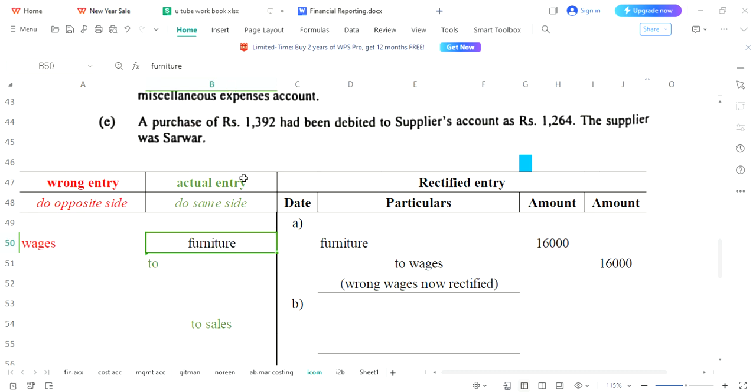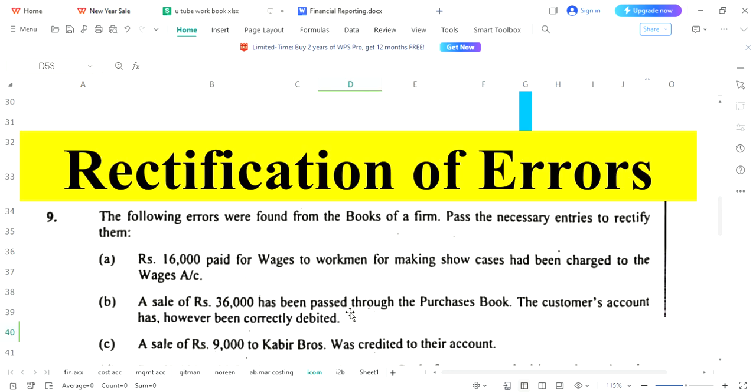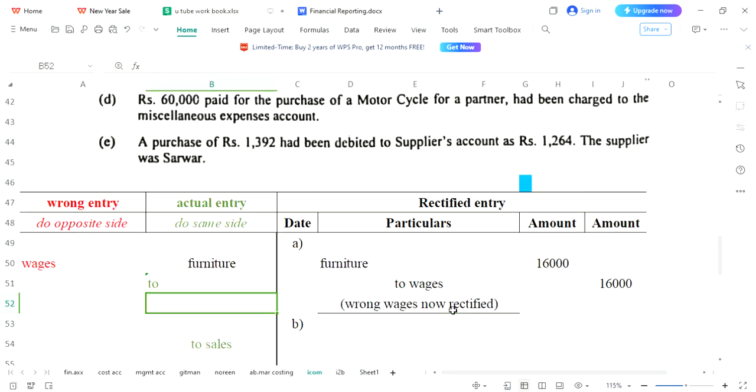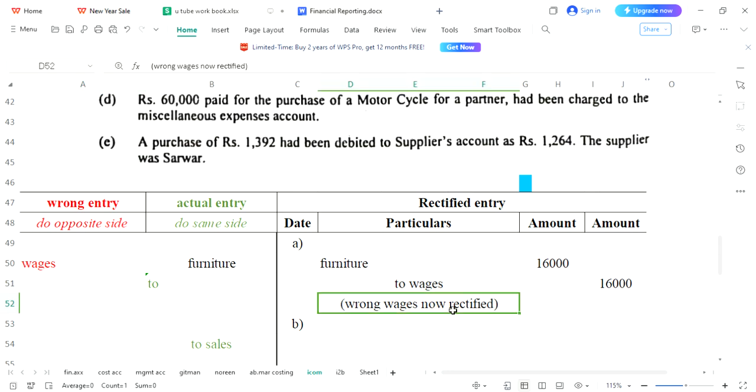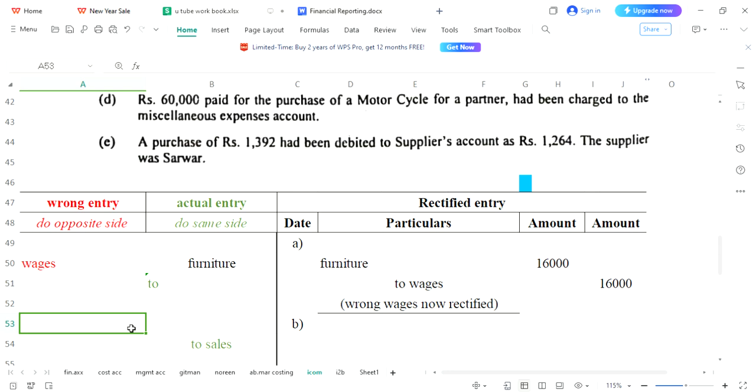All right, now let's see what mistake we have made. A sale of rupees 36,000 has been passed through purchase book. So actually it was sale, but we have written it as purchase. And purchase, you know, should be written on the debit side. So let's write our mistake as well.